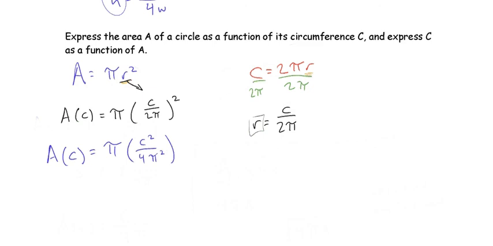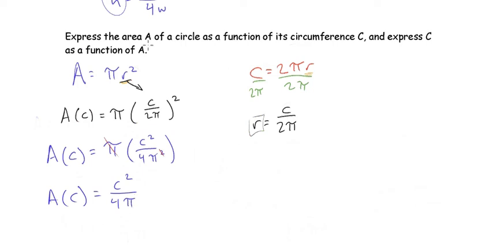Continue simplifying and working on through. Pi divided by pi squared gives us just C squared over 4 pi. And so there we go. We have it down in terms just of C. So the area of a circle in terms of C is C squared divided by 4 pi. And so there's the first one.